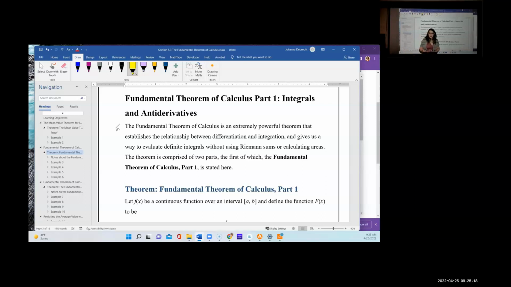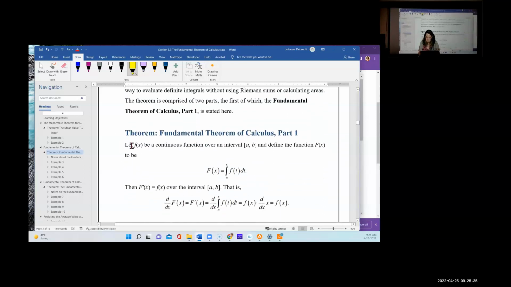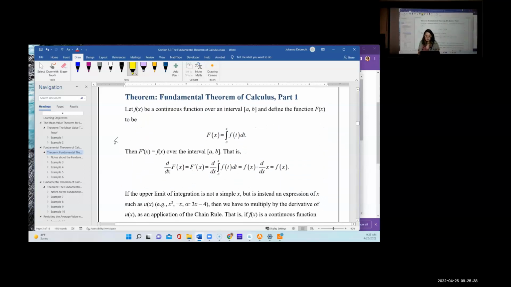So this is an extremely powerful theorem, and it's the one that's going to relate together the concept of the limit, the concept of the derivative, and the concept of the integral. So we're going to get all three of those coming together. Part 1 starts by stating to let f of x be a continuous function over a closed interval from a to b.